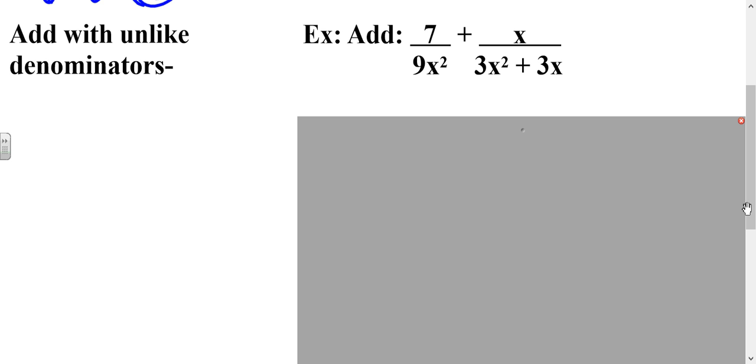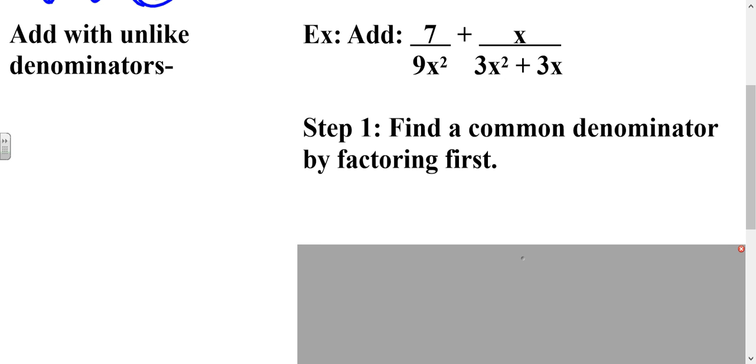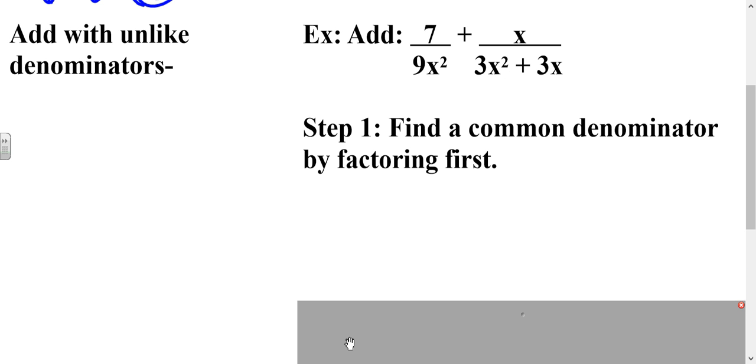So first, you always check to see if you can factor anything. And remember, there were 5 or 6 different types of factoring that we talked about. So you can refer back to that sheet if you're stuck on the factoring portion. So what we're going to do from here is we're going to find the common denominator by factoring first.